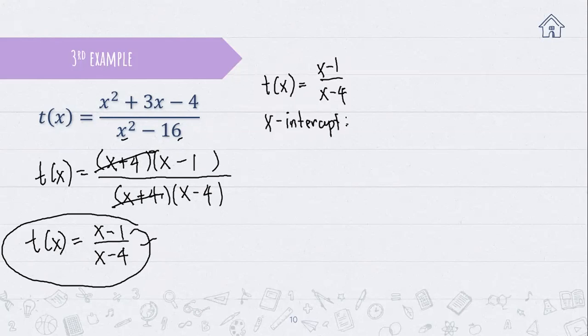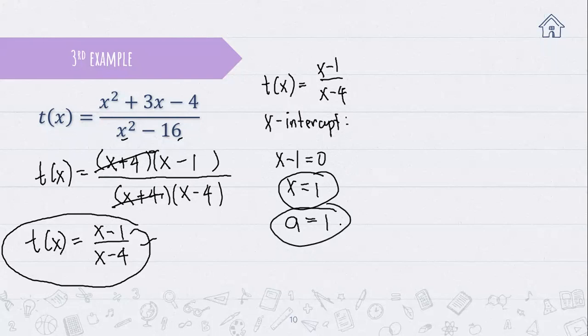Kunin yung numerator and equate sa 0. So, x minus 1 equals 0. Tapos, evaluate. So, x is equal to 1. So, our x-intercept, a, is equal to 1.